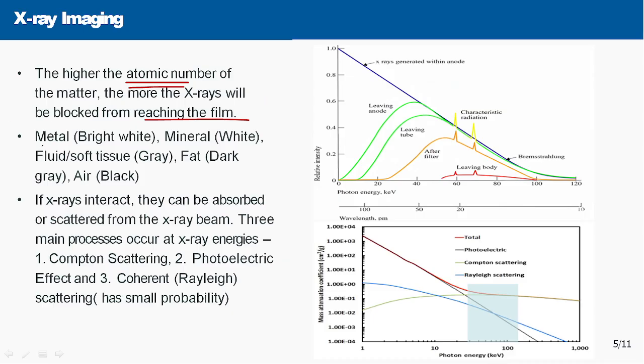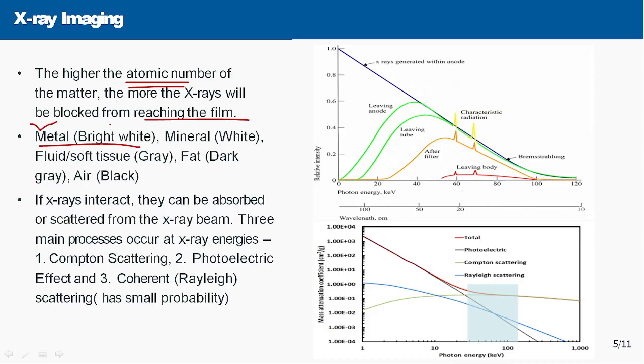In the case of metal, you can mark bright white, because metal is very dense, so no X-ray beam will pass through it.